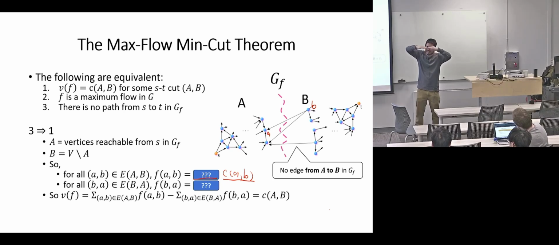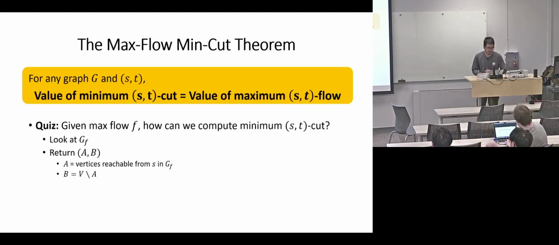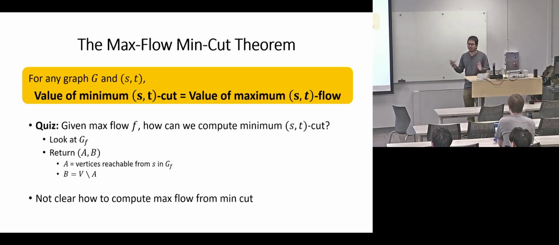So once these meet, that pair of flow and cut must be the maximum and minimum. It's not quite clear though, if you want to compute Maxflow given a min cut, how to do that, I don't know actually. But given Maxflow, you can compute min cut easily.